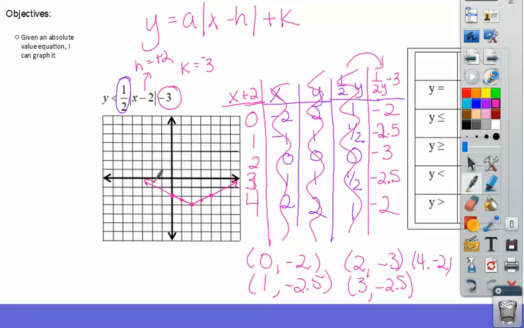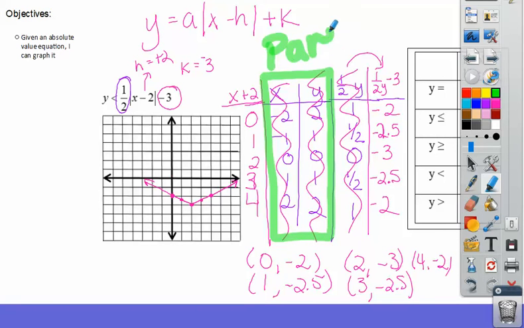I'll go through it one more time, and because people can't see me pressing when I'm actually going over the notes, I'm going to highlight and unhighlight. So what I start with is my parent function. Everyone in this room should know the parent function.